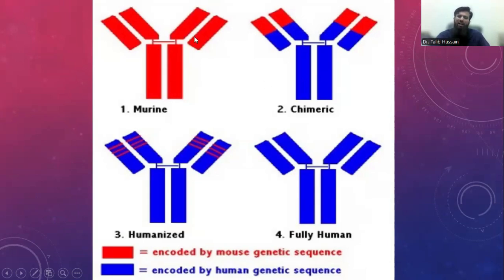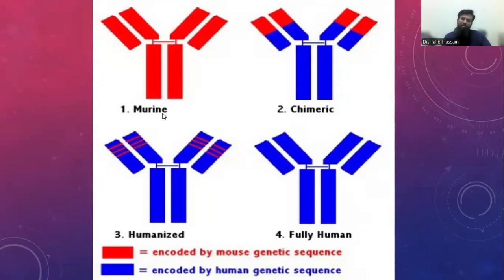If we keep the variable region as murine, but the constant region and the heavy region can be replaced with human, it will be known as chimeric. So in the diagram we are seeing 4 types of MABs.